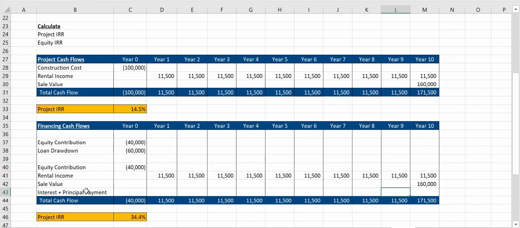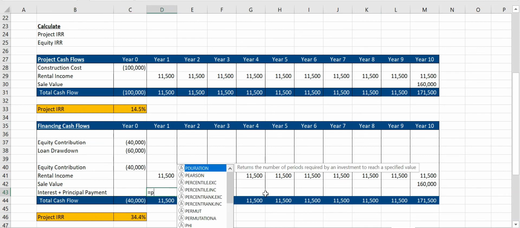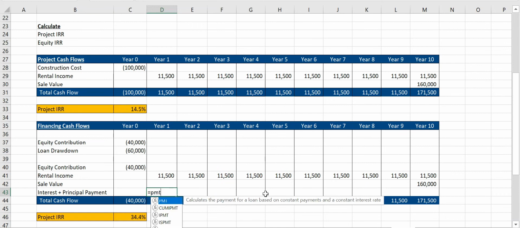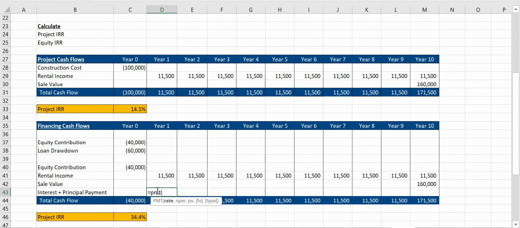This we can calculate simply by using the Excel PMT formula. PMT will calculate the equal amount to be repaid over the project period, so we can calculate the equal amount to be paid over 10 years. This includes the interest and the principal amounts.